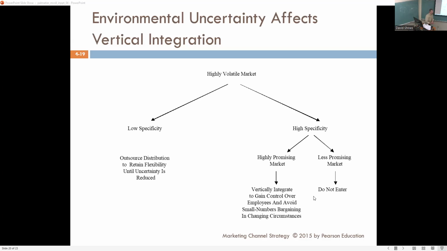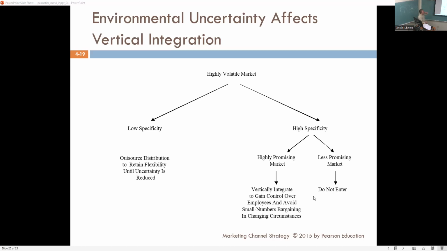You avoid the small number of bargaining and changing circumstances. And that is a highly promising market. There's no reason to enter into a market that isn't promising, and so you don't enter.